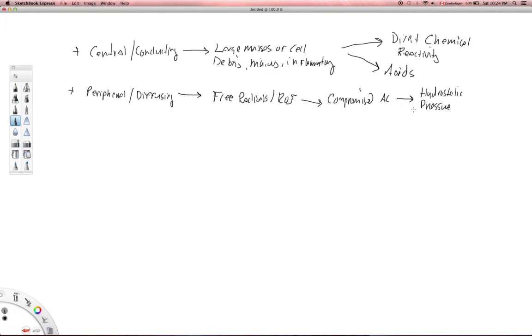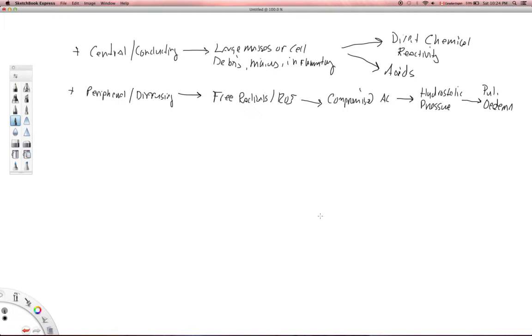Hydrostatic pressure always acts to push fluid out of the vessel, and now you have compromised alveolar capillary membrane integrity, so hydrostatic pressure is going to push fluid from the vascular compartment into the lungs, and your major complication that you're going to run into is pulmonary edema, in addition to loss of surfactant, atelectasis, and inflammatory changes occurring in the alveoli themselves. So those are some of the major damage.